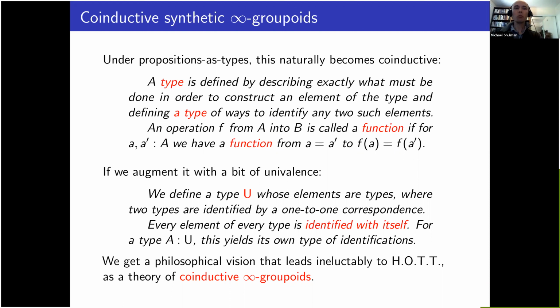I think it's beautiful too. It's really nice. I'll just comment, and then we'll go on to the questions in the chat. That is something people have been trying to do intuitively for 10 or 15 years: understand infinity groupoids co-inductively.